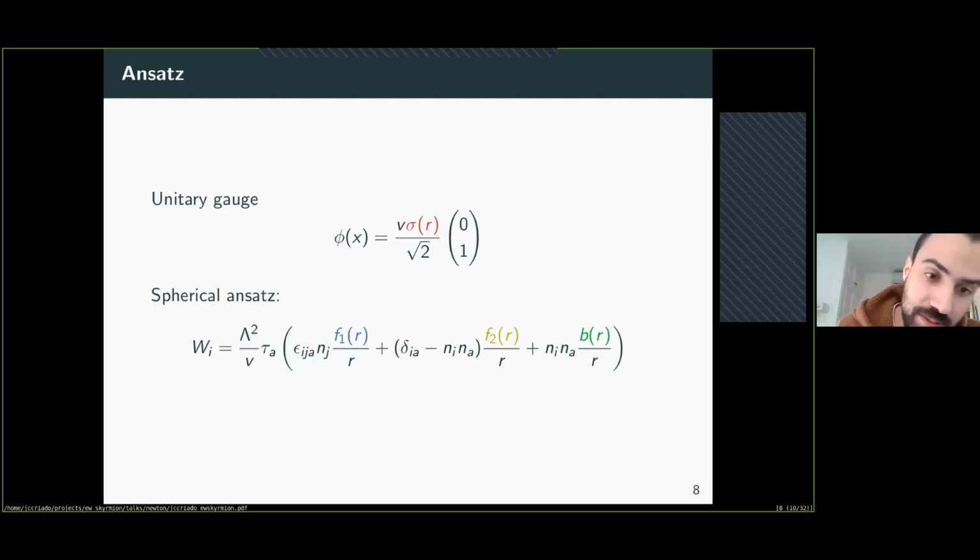And for the gauge fields, we impose the spherical ansatz, and this is the standard thing to do when you are computing this kind of topological solutions. So this is a parameterization of the gauge fields in terms of three scalar functions of r, the distance from the origin. So in total, our field configuration is given by four fields, so by four, let's say, profile functions.